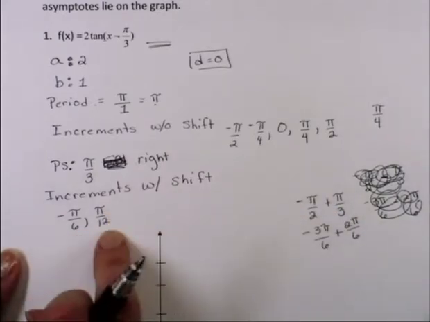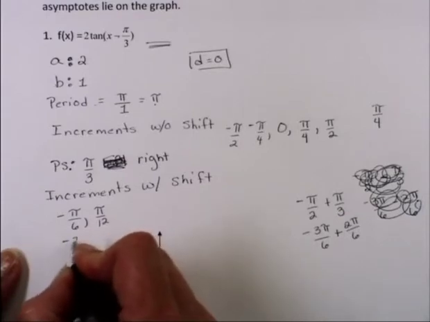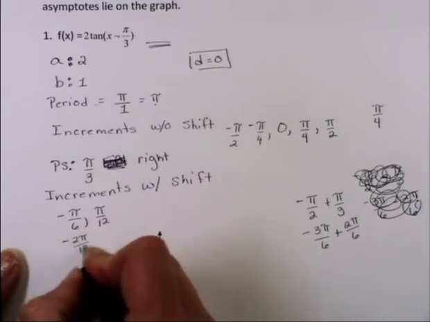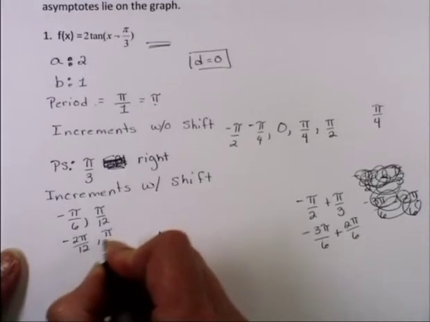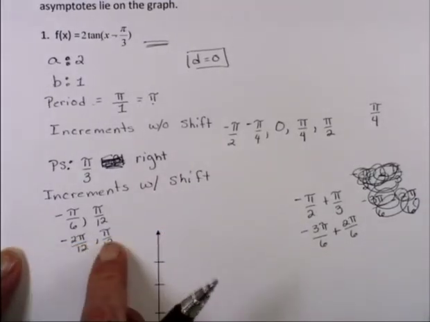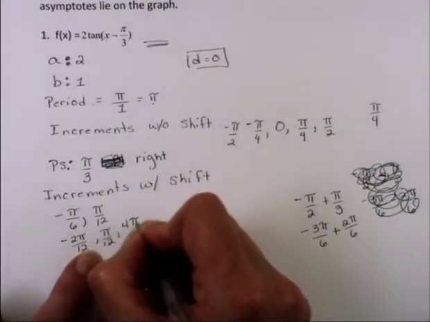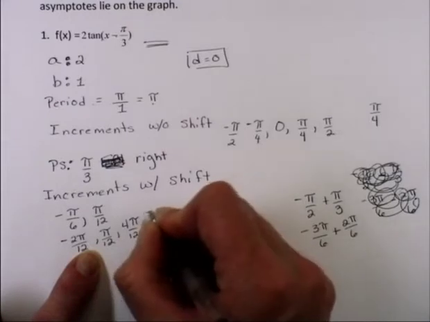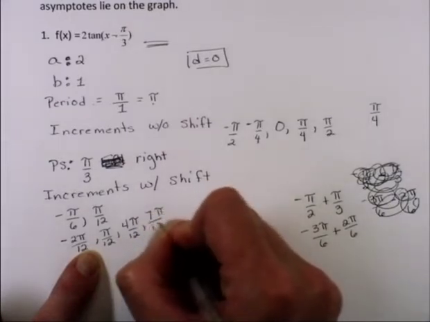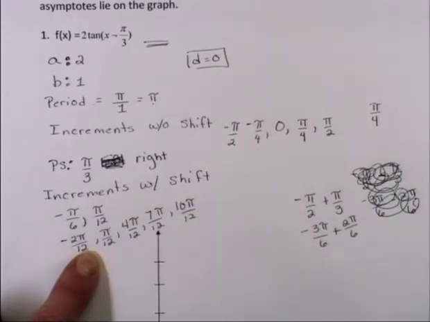And again, you guys, trick, if you go ahead and find a common denominator at this point, I can just count. It's 3 units apart here, so I can keep adding 3. So my next value will be 4 pi over 12, 7 pi over 12, 10 pi over 12, etc.